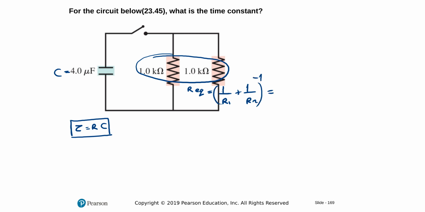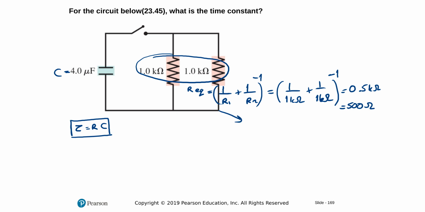I have 1 kilo ohm and 1 kilo ohm. Again, I'm going to stay with the kilo ohm; I can convert to ohm later. It's all resistors, so it's not going to cause me any trouble. I'll have 2 over 1, inverse it, I'll have 1 over 2 kilo ohm. So 0.5 kilo ohm is my R equivalent. And if I simplify, that's equal to 500 ohms.